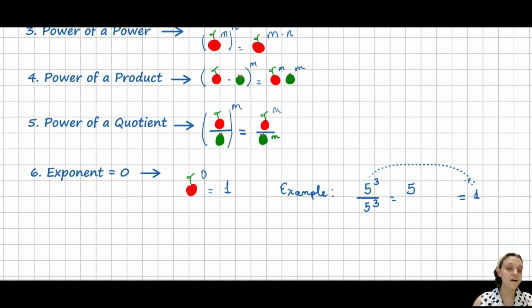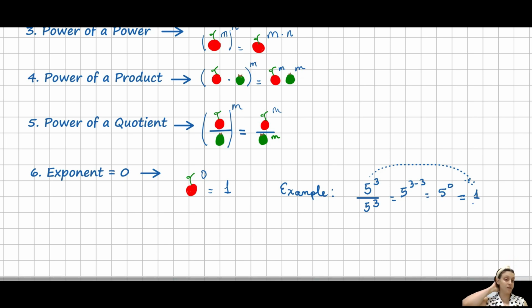So this is going to be 5 to the power of 3 minus 3. So I am going to do this a little bit smaller because I'm going to need this space. So 3 minus 3. So this exponent is going to become 0. And as you can see here, it all equals 1. Okay? So this is how this property works.